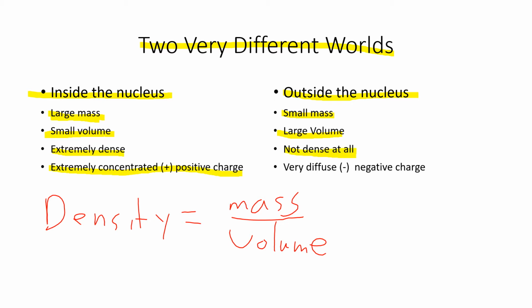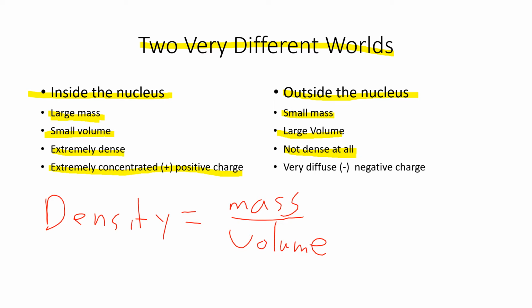If we think about density being mass over volume again, you have a very, very small mass, but a very, very large volume. So small mass, large volume, that's not going to be dense at all. Very, very low density.